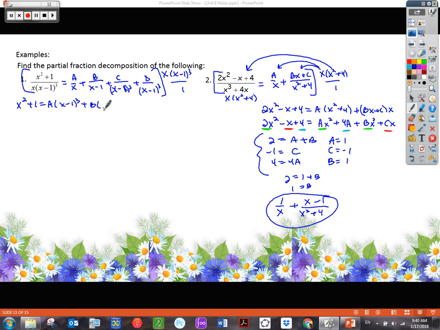B times, this fraction doesn't have the x factor, and it doesn't have two of those, plus c times, let's see, this one has an x minus 1, has two of them, so I need an x and one of the x minus 1s. And then d has all of the x minus 1s, but not the x. Okay, that's a bit more intense.